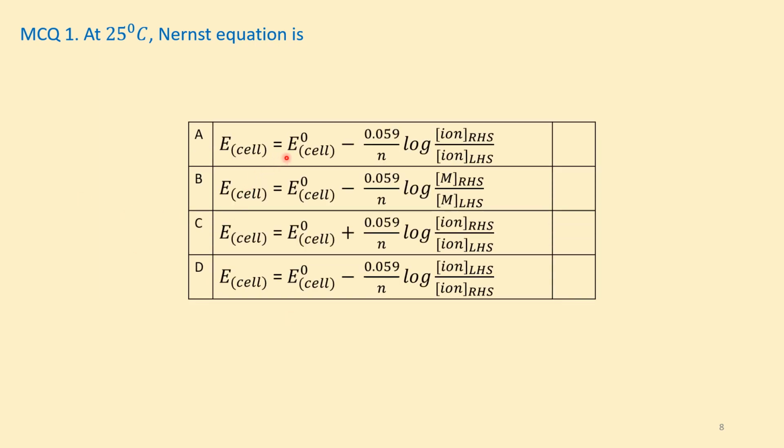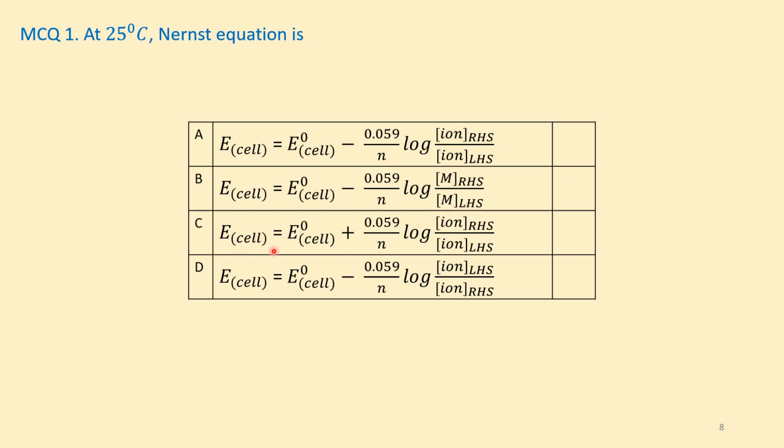Option A: E cell equals E naught cell minus 0.059 divided by n into log of ion on the right-hand side divided by ion on the left-hand side. Option B is E of cell is equal to E naught cell minus 0.059 divided by n into log of M on the right-hand side divided by M on the left-hand side.